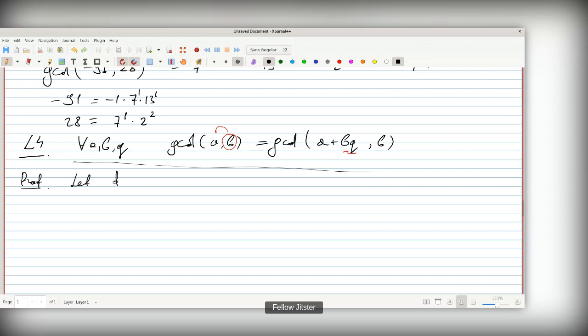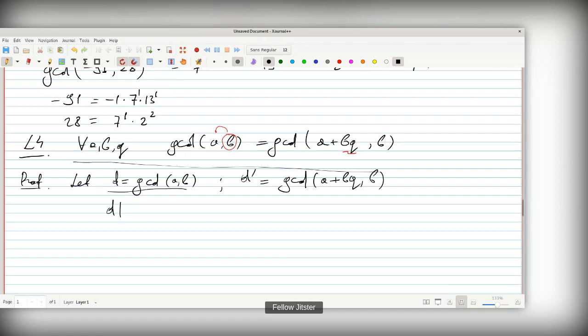Every two numbers have some greatest common divisor. Let D be the greatest common divisor of these numbers, and D prime be the greatest common divisor of those numbers. Our next goal is to prove that D divides D prime and D prime divides D, whence they are equal.